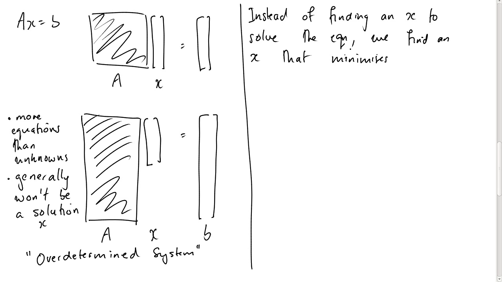You're going to try and find the best x in some sense for that system of equations. So the least squares solution is the one that minimizes the 2 norm of what we call the residual, where r equals Ax minus b is the residual.